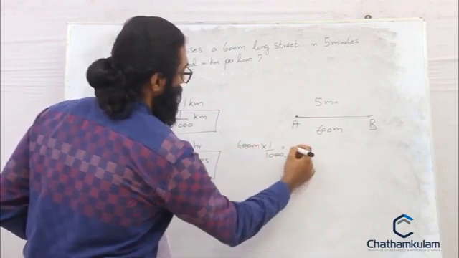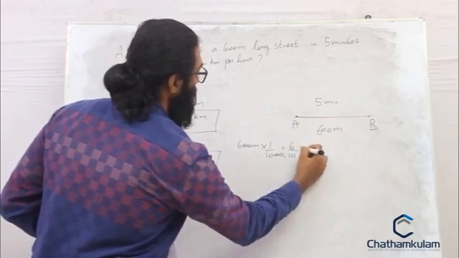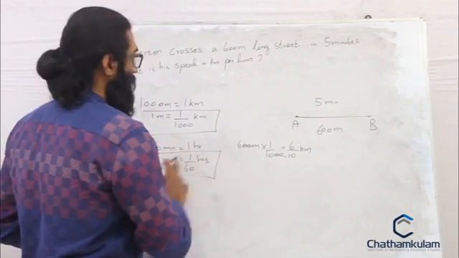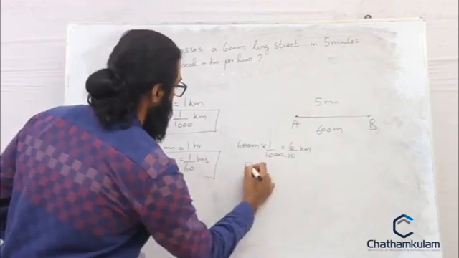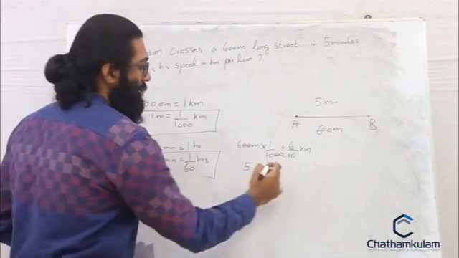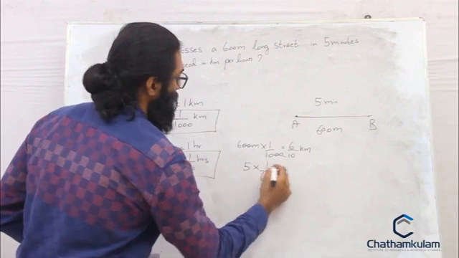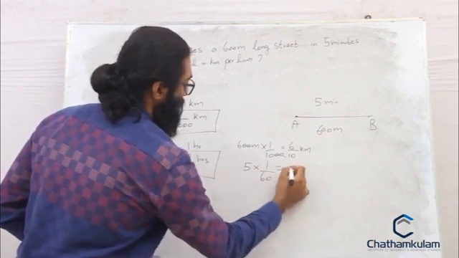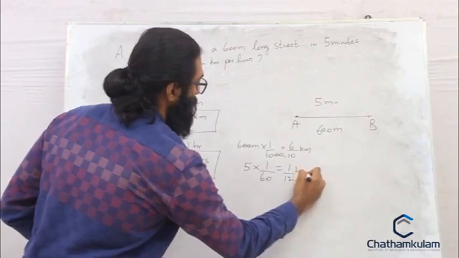We cancel this 0 and we get 6 by 10 kilometer. Then we convert 5 minutes into hours, that is 5 into 1 by 60. We cancel 5 and 60, we get 1 by 12 hours.